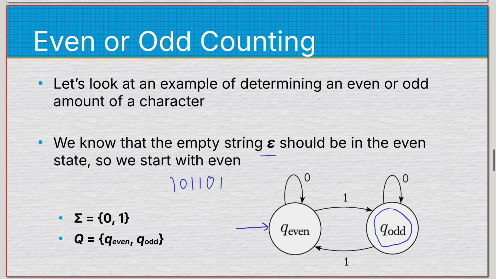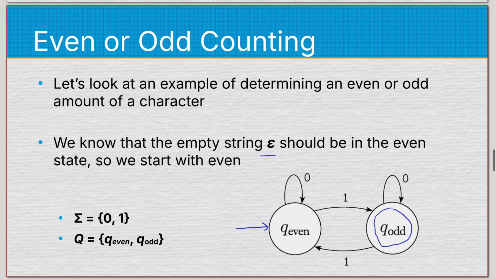Well, you know what, I'll do it: 1, 0, 1, 1, 0, 1. Oh, wrong accept state. I thought it was even, not odd. What we can say is 1, 2, 3, 4, 5, so we have 5 ones, an odd count. We're counting 1s essentially, and that's perfectly fine.